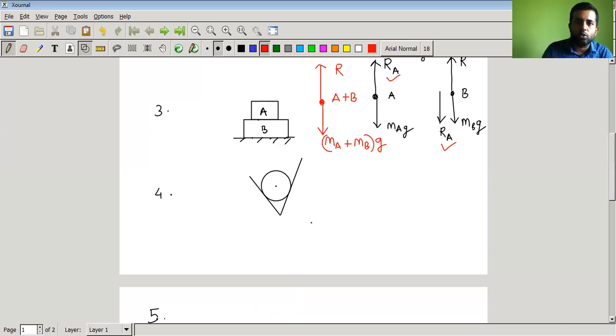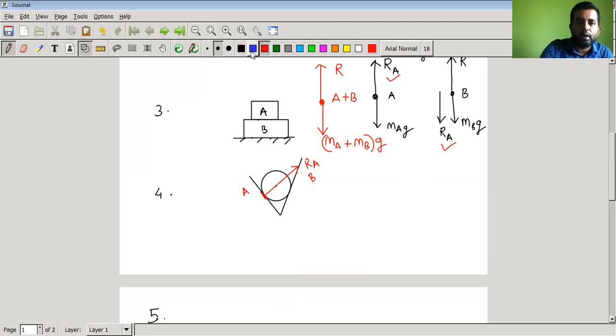We can see here that it is in contact with the ground here. So let us write this is surface A and this is surface B. This surface A will exert a force in this direction, and we are writing it RA. So this will be the contact force due to surface A.